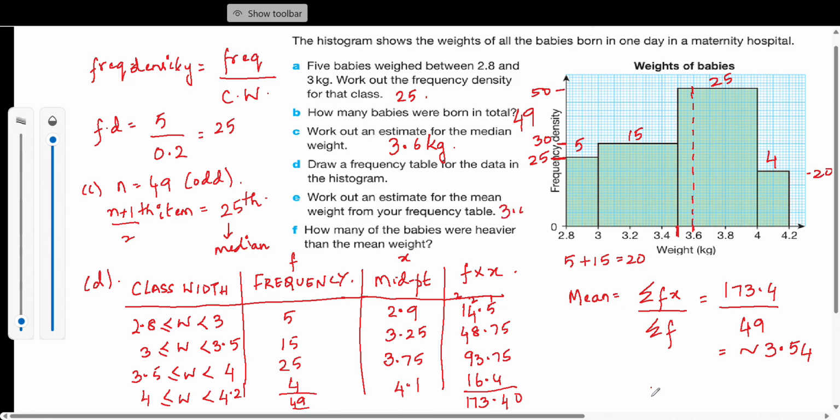So 3.54 kg is our mean estimate from the table. What we got from the histogram is 3.6. You see that they are very, very close by.